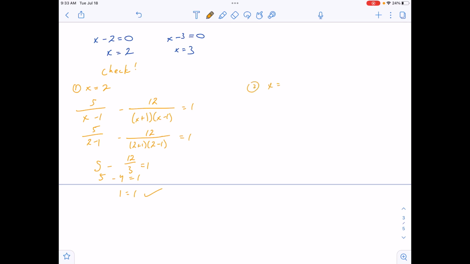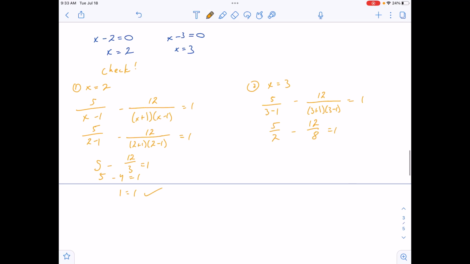The second one we have to check is x is equal to 3. So I'll put that in: 5 over 3 minus 1, minus 12 over 3 plus 1 times 3 minus 1. 3 minus 1 is 2, so I have a 5 over 2. Here I have 12 over 3 plus 1 is 4, 3 minus 1 is 2, so 4 times 2 is 8.